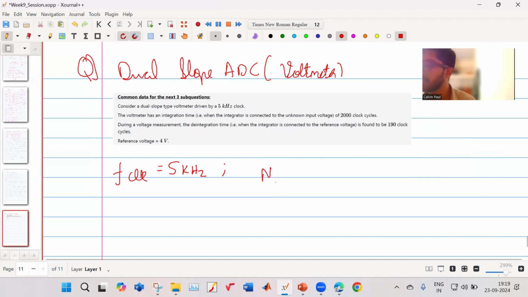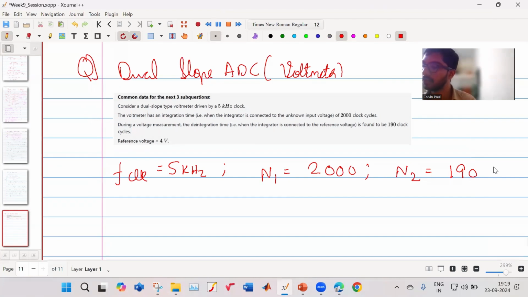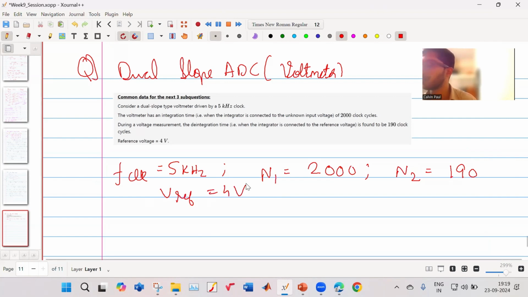My N1 is known to be 2000 clock cycles. My N2 is found out to be 190 cycles. Okay. And my reference voltage Vref is equal to 4 volt.